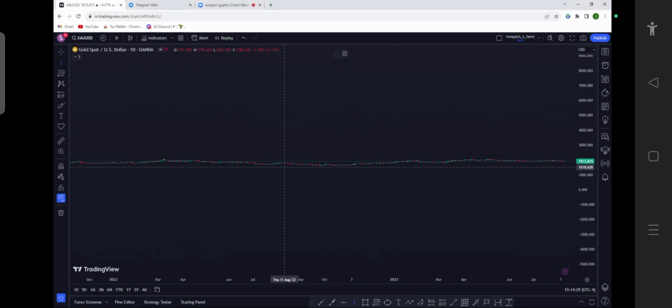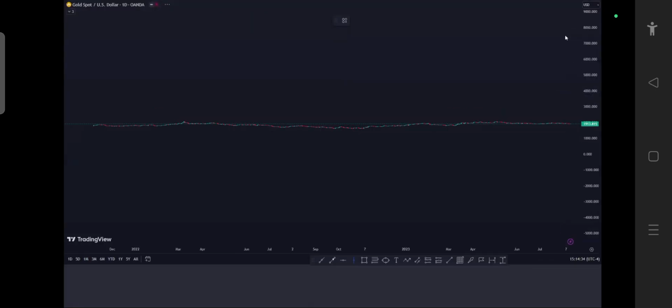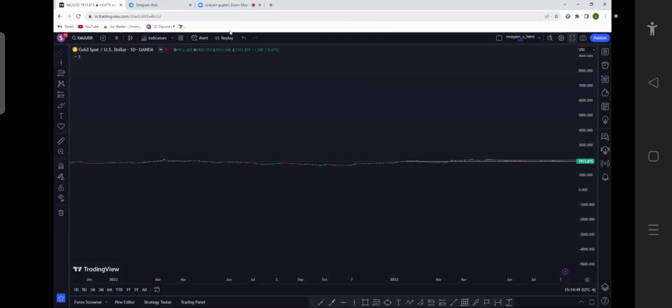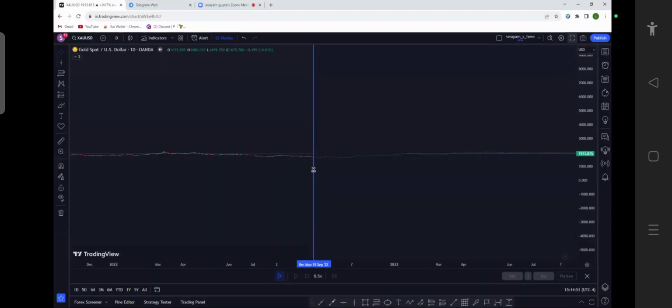I'm just on the daily chart, as you can see, and let me full screen this. I'm going to randomly cut somewhere here. I don't know where price is right now, so this is the bar replay tool.